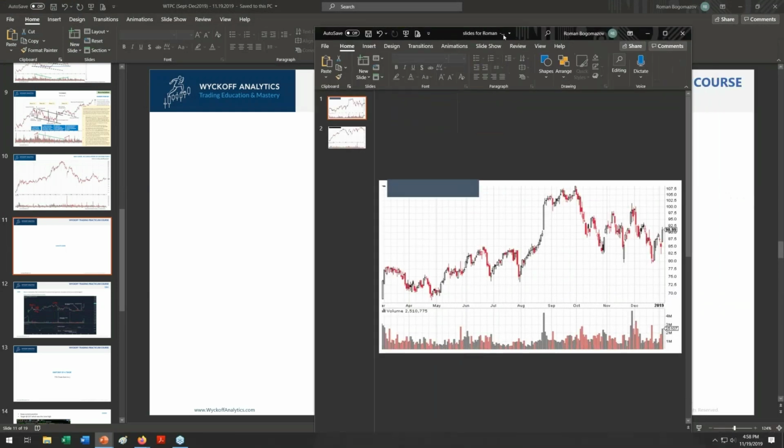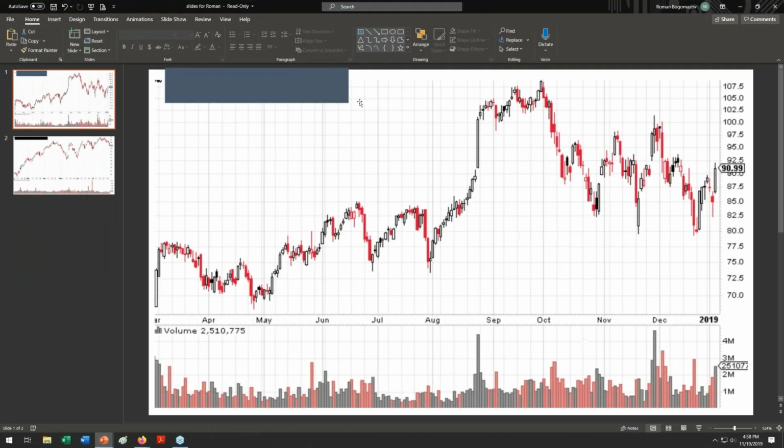Okay, so this is something that I've asked one of my team members to do for us. I've asked Michael to quickly send me two charts and show me some kind of consolidation with the prior trend, and for us as a group to think about the bias for this particular chart.